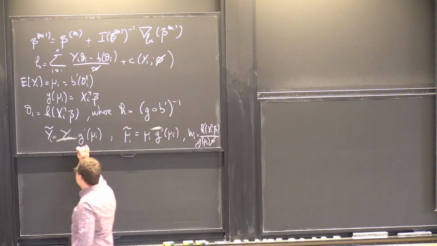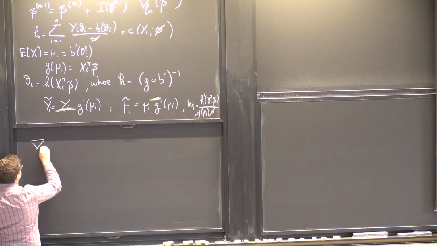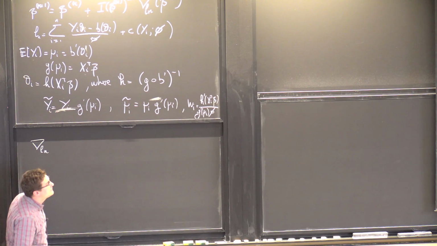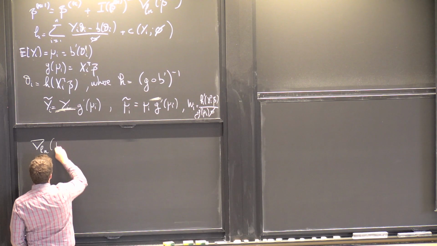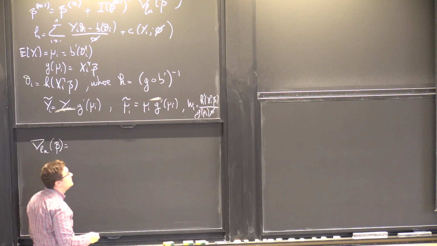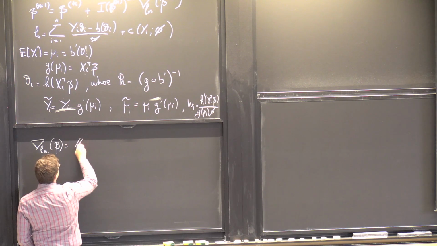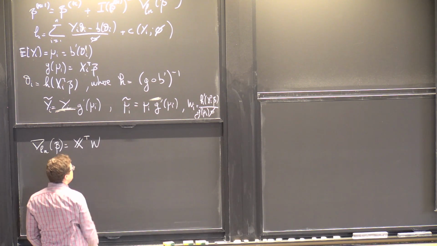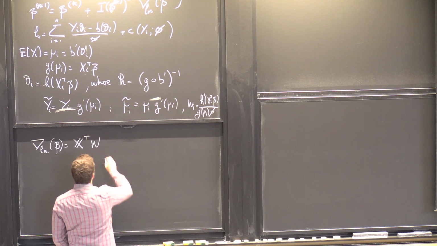The gradient of ln at beta, so the gradient of my log likelihood at beta took the following form. It was x transpose w, and then y tilde minus mu tilde.